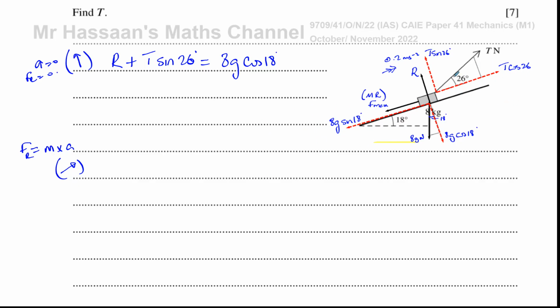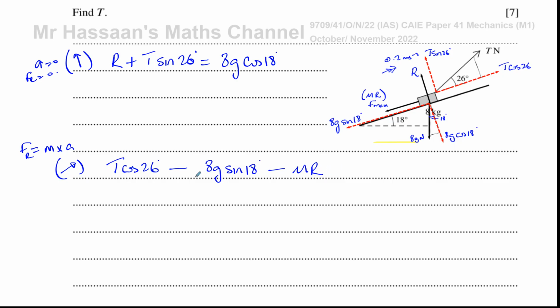I look at the forces acting upwards, which is just T times cosine 26. Then I take away the forces acting downwards: the component of the weight, which is 8g times the sine of 18 degrees, and minus F max, which is mu R.